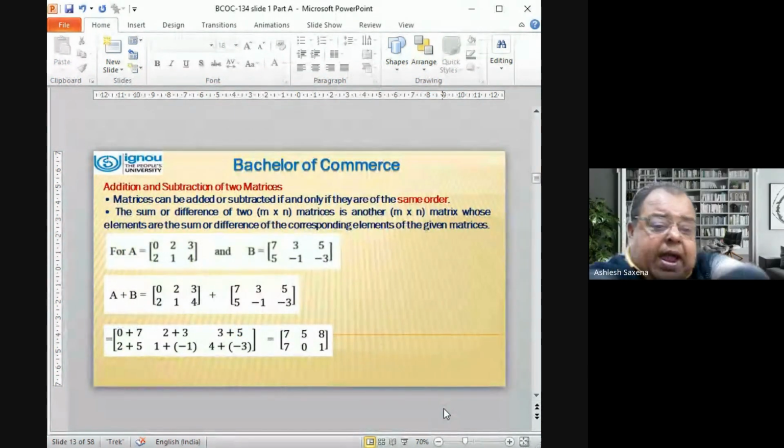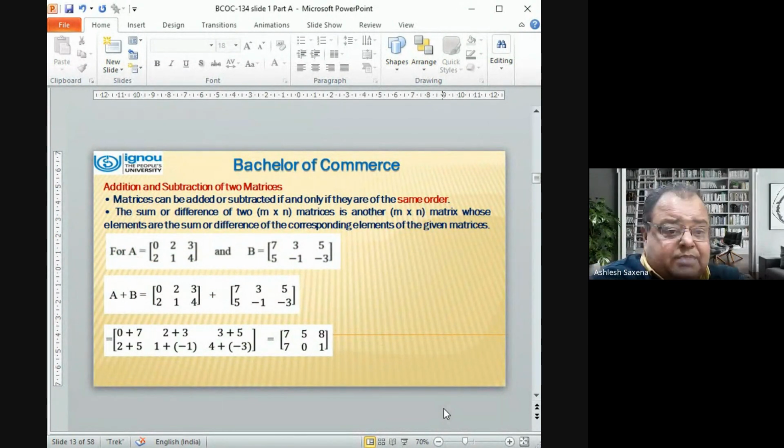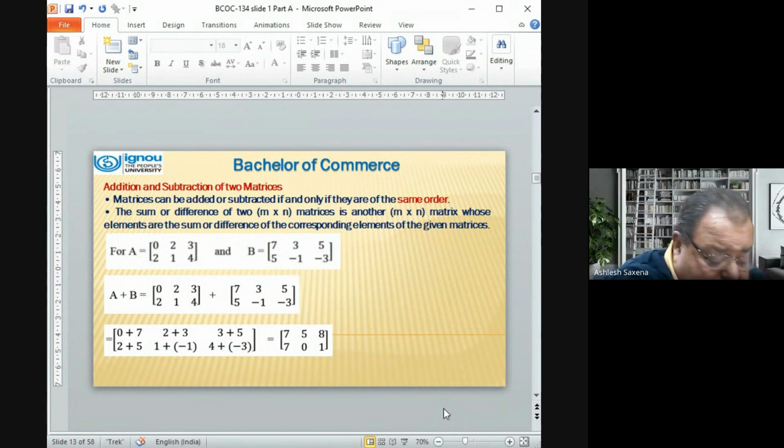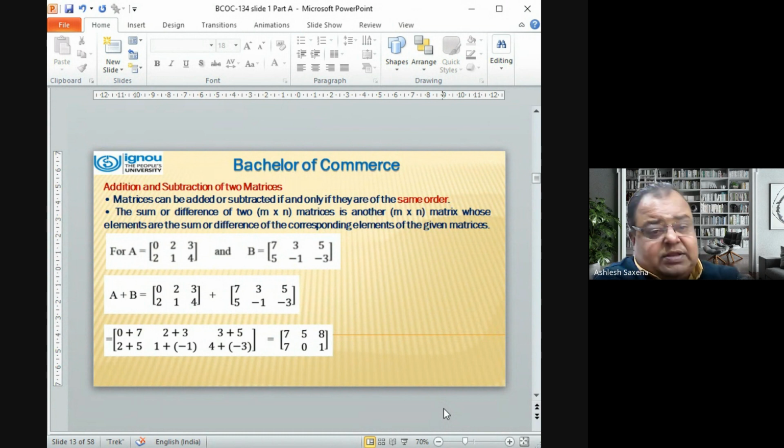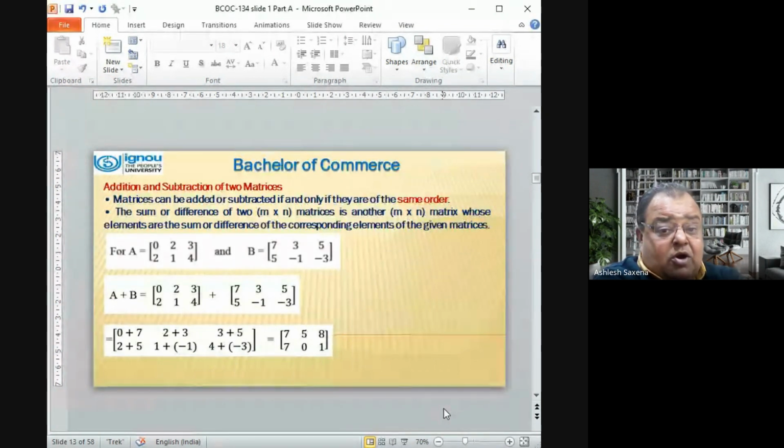Now, how addition and subtraction of matrices is performed. We have to be very clear that whenever we have to add or subtract two matrices, or three matrices, they have to be of the same order. The necessary condition for adding and subtracting matrices is that they should be of the same order.